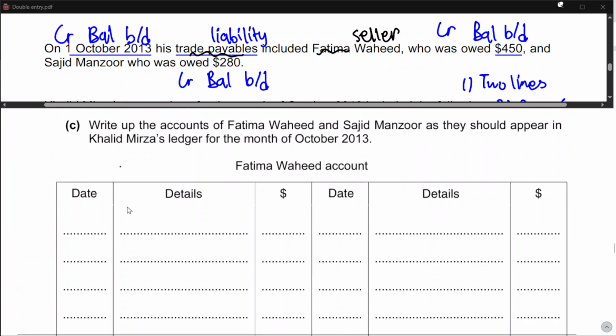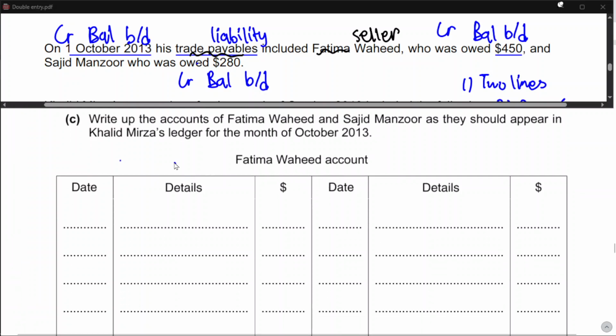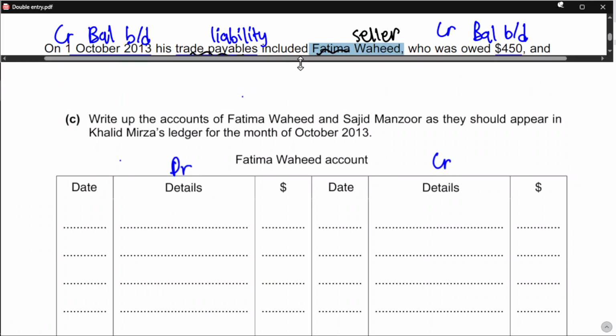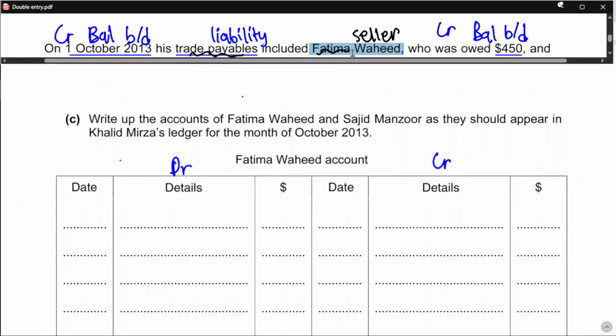Now let's enter the answer. For the T account, the left hand side is debit, the right hand side is credit. The first line, he wants Fatima credit balance BD by 450, and the date will be 2013 October 1.